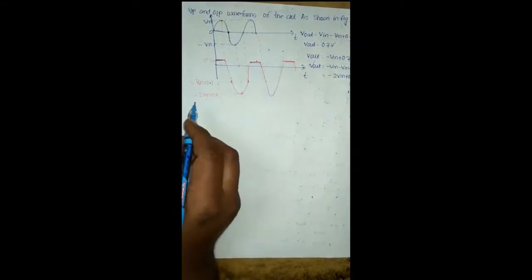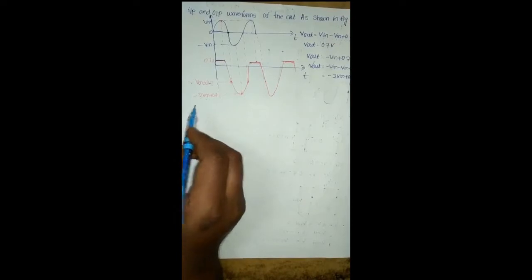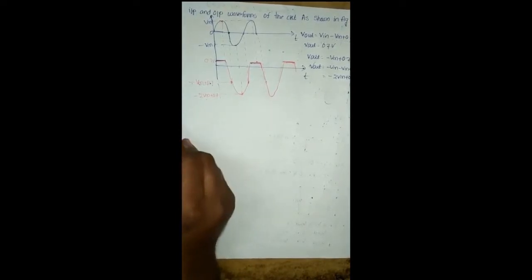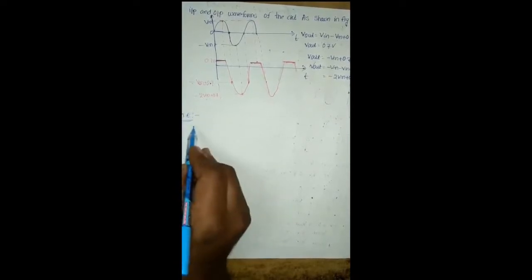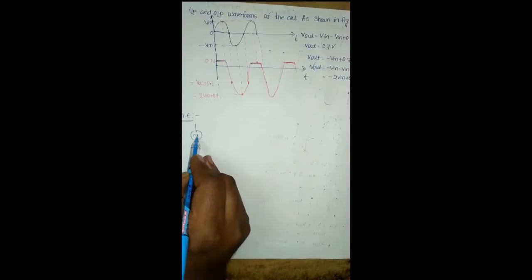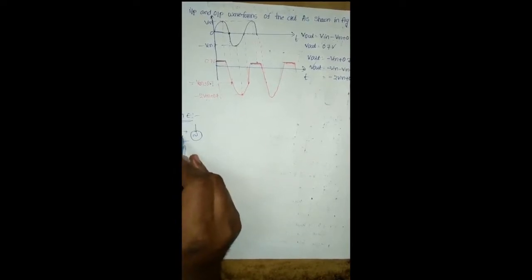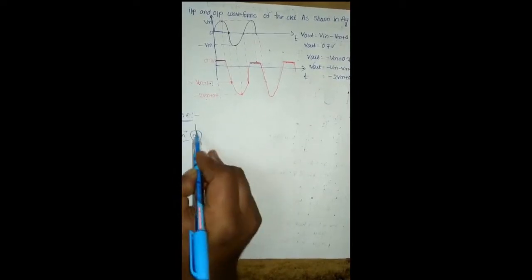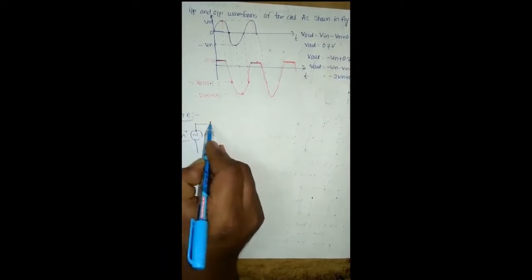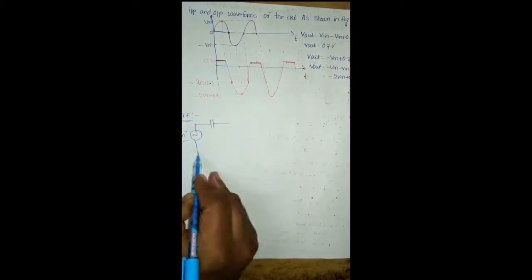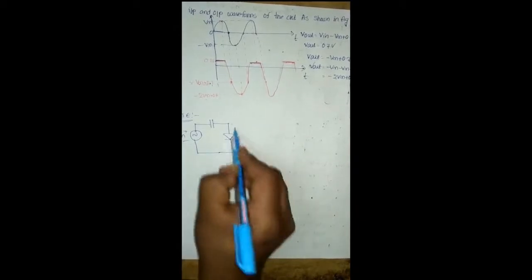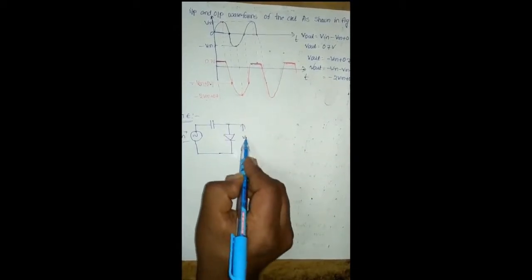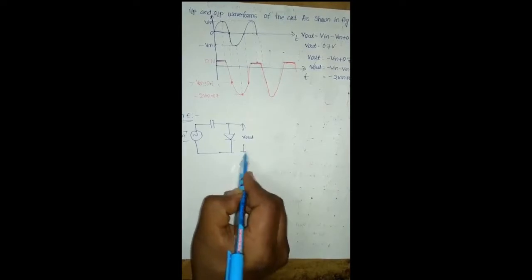Next we discuss some important points about the negative clamper unbiased circuit. For example, here we draw one circuit. This circuit has the input voltage, we connect one capacitor and one diode, and here we take the output.